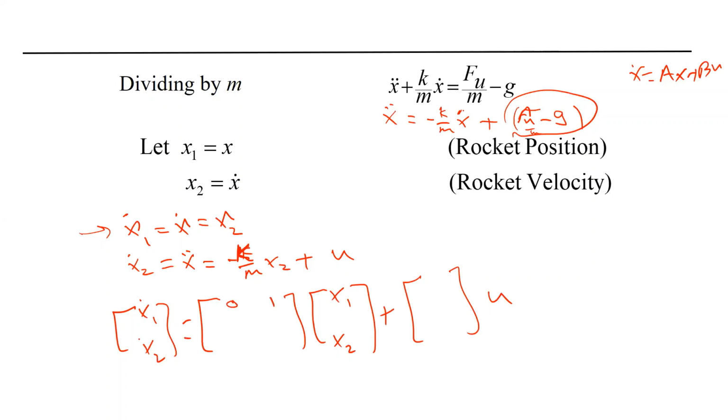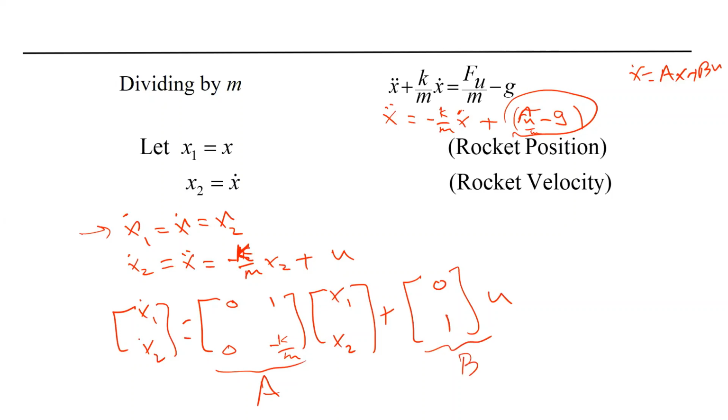How about the second one? 0, minus k over m. Yes, correct. So this is your A matrix, and this is the B matrix.